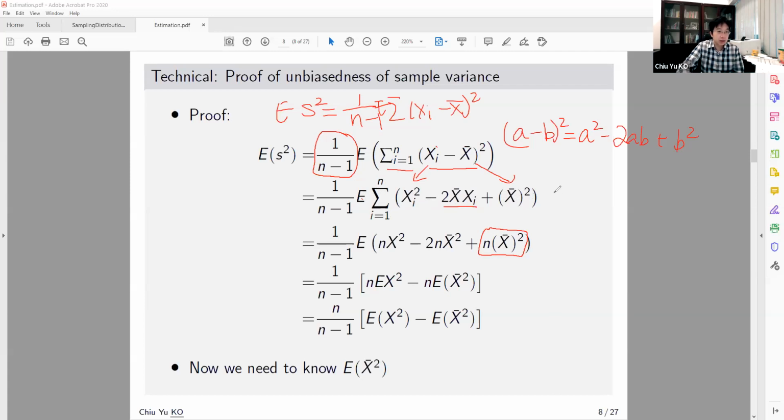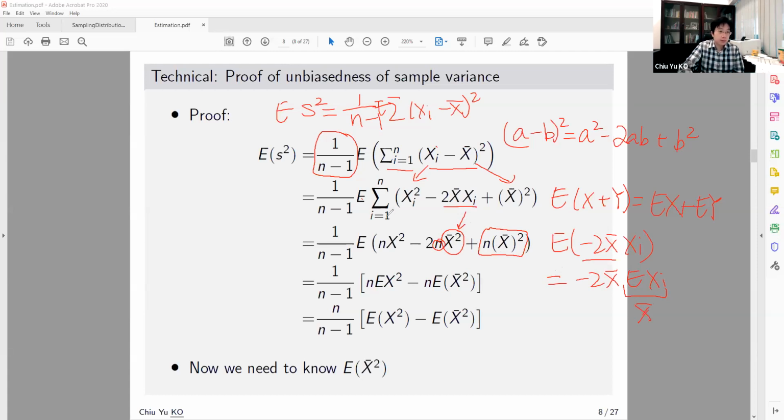Because what we are doing here is that expected x plus y is equal to expected x plus expected y. You put the expectation in, and the expected value of x bar times xi will be equal to negative x bar, you can take it out, it's a constant, times expected xi. Expected xi is x bar, so that's why we have x bar squared. And because of the summation, that's why the n.